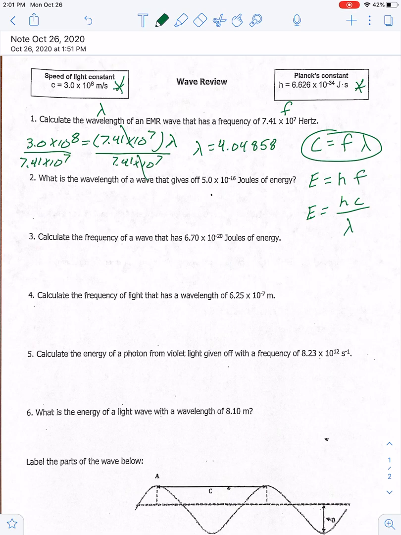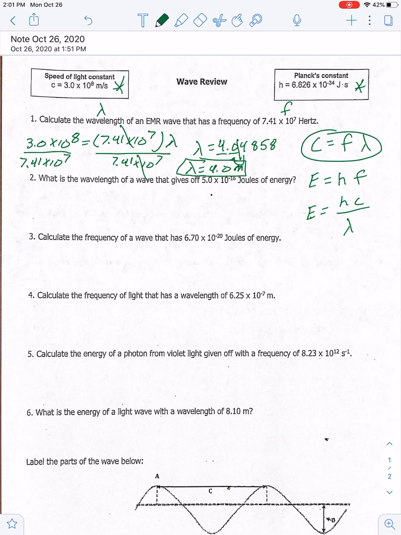So 3.0 has 2, 7.41 has 3, so my answer can only have 2. So remember, you're only as good as your weakest link, so it's the smallest number of sig figs. So I would count 1, 2, draw my line. Okay, and so my answer would be 4.0 meters. So wavelength is meters.